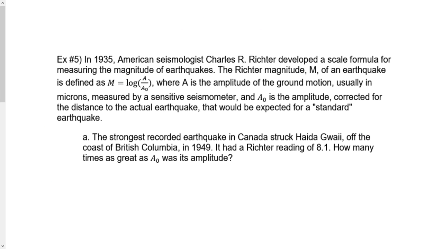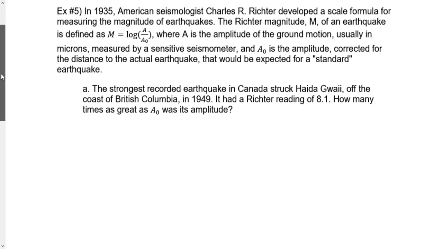And some last examples. In 1935, American seismologist Charles R. Richter developed a scale formula for measuring the magnitude of earthquakes. The Richter magnitude m of an earthquake is defined by m equaling log of a over AO, where A is the amplitude of the ground motion, usually in microns, measured by a sensitive seismometer, and AO is the amplitude corrected for the earth distance to the actual earthquake that would be expected for a standard earthquake.